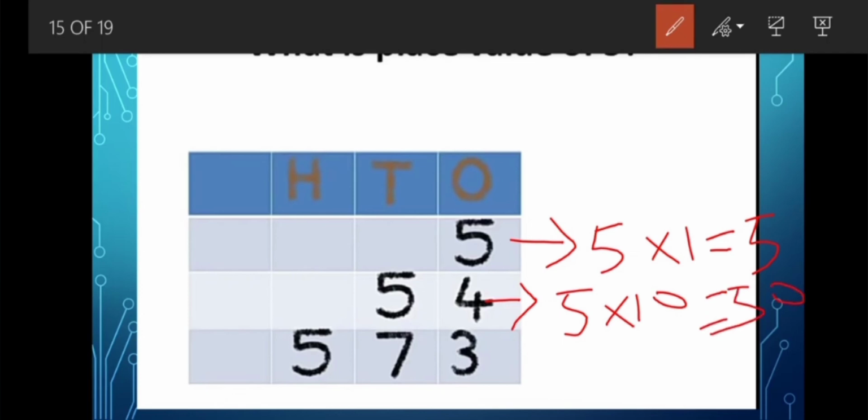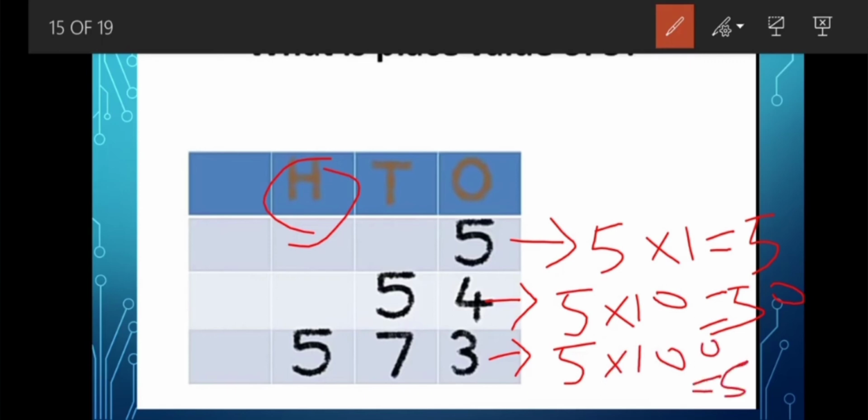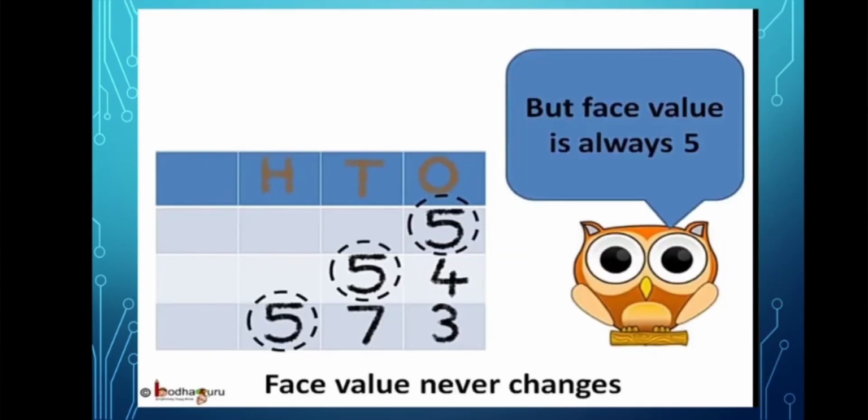In case of 573, as 5 is in the place of 100, the place value of 5 here is 5 into 100, that is 500. Okay students, but if we talk about the face value, then in each case the face value is always 5. Face value never changes with their place.